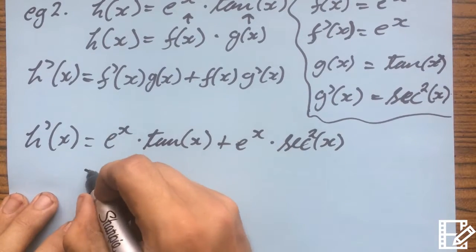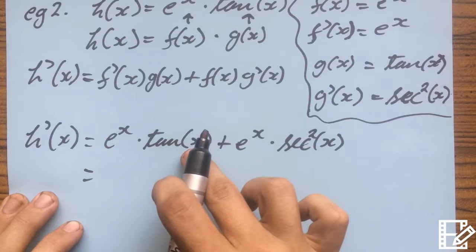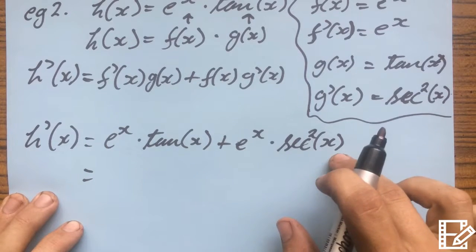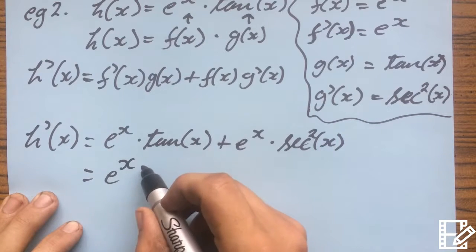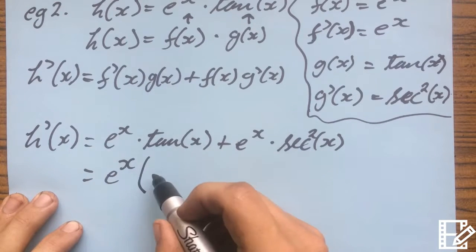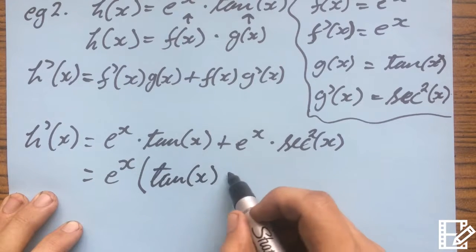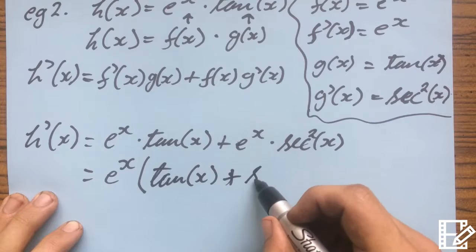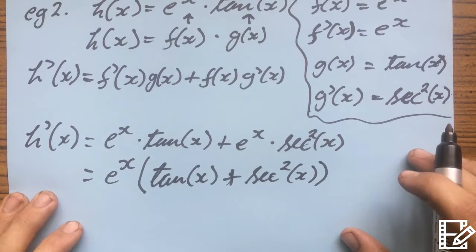So, as before, because we have e^x multiplied by tan and e^x multiplied by sec squared, we can bring the e to the power of x outside brackets as such, factoring out.